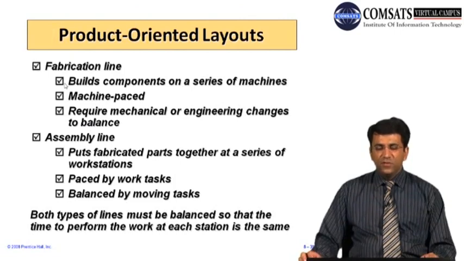Now you can see in the different organizational setup, there can be the different departments like fabrication line, which builds components on a series of machines, and machine space should be there. Required mechanical or engineering changes to balance. So this is another department or another cell in which the different workers are working. Then there may be the assembly line, which puts the fabricated parts together at a series of workstations. Again, this is paced by the work task, balanced by moving tasks. Both types of lines must be balanced so that the time to perform the task at each station is the same.